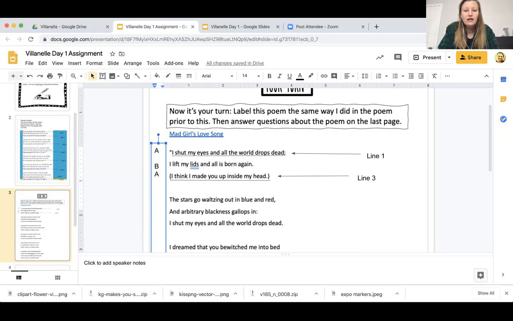So obviously dead and head rhyme. Red rhymes with dead and head, so I know that's A. Gallops in. I lift my lids and all is born again. So I know that rhymes with B, A. Okay, so that's how you're going to do that.